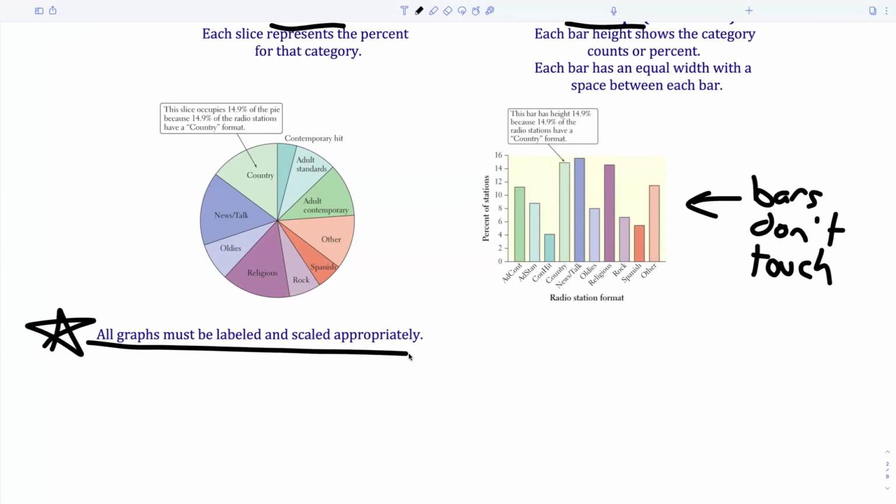I mean, it's just a glorious work of statistical art. It's beautiful, except they forget to label. And so they get a little nasty note from Newhouse that says, label your graphs. All right. Please take the time. You've got to scale your axes and label your graphs. Got it?